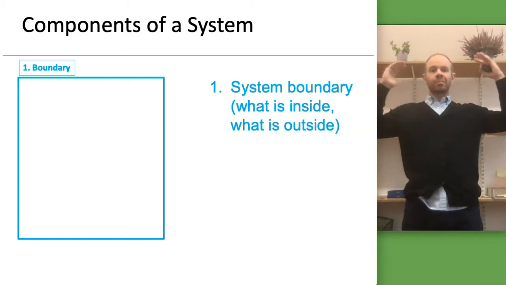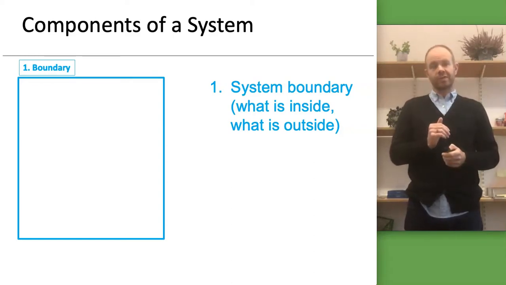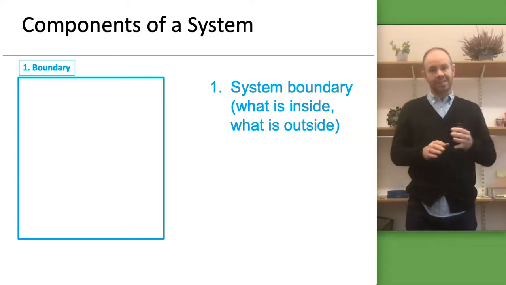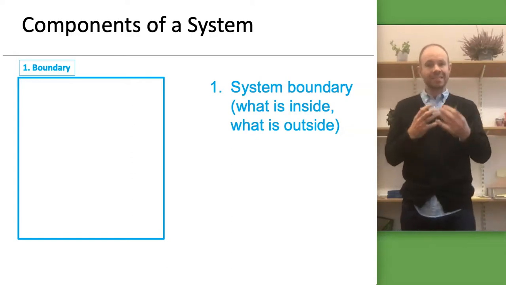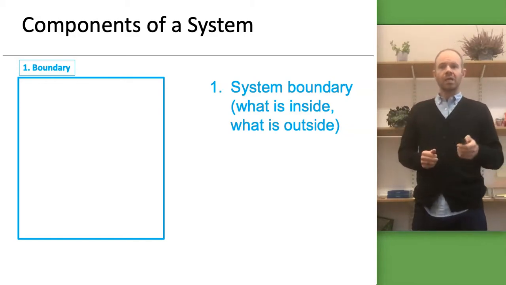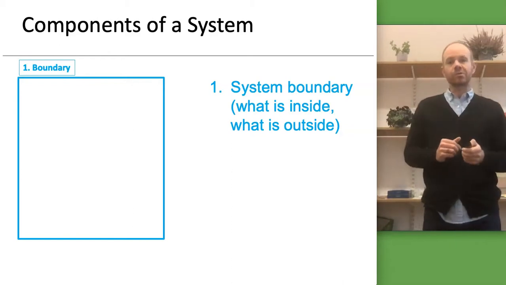When we look at the broad macro, everything is part of this system. But we're able to look down at a system and say, okay, we're going to look within this boundary. So I don't need to think about the rainfall in Madagascar today when I'm thinking about the system of my laptop in this lecture. So the boundary might be this lecture, and that's where I'm going to draw that boundary.